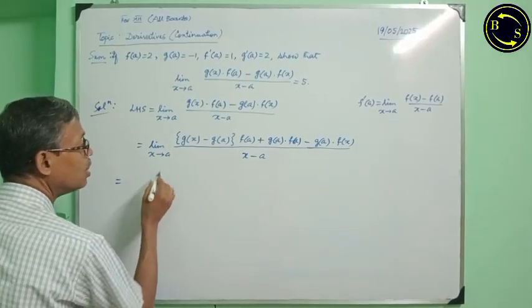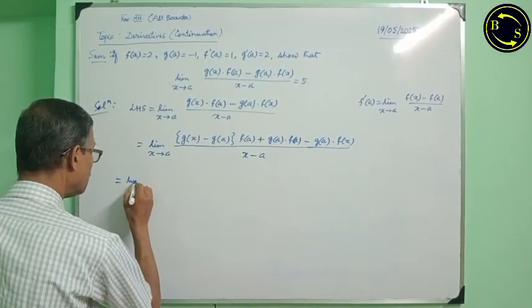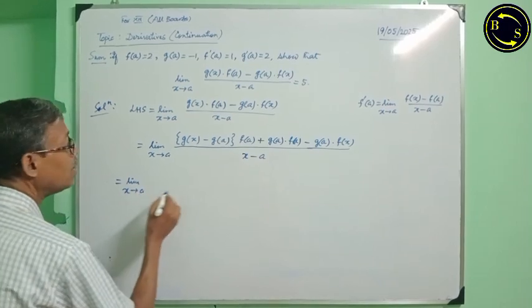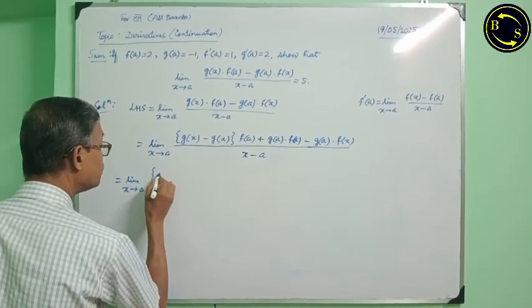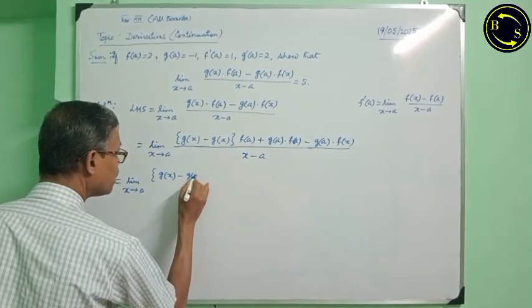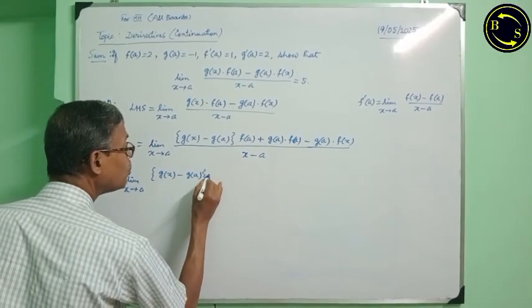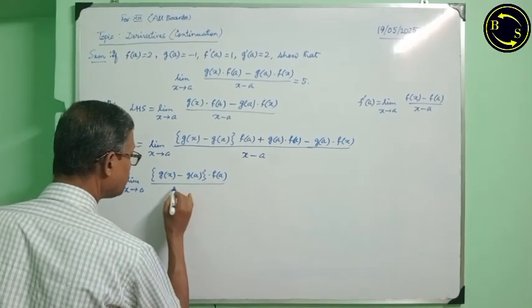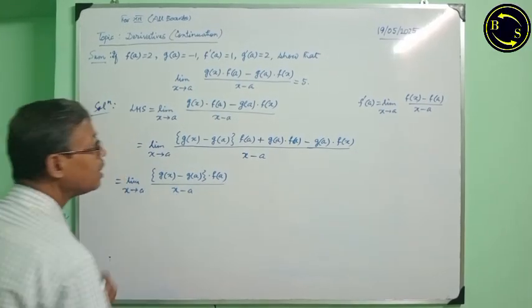Now limit x tends to a, gx minus ga whole into fa divided by x minus a.